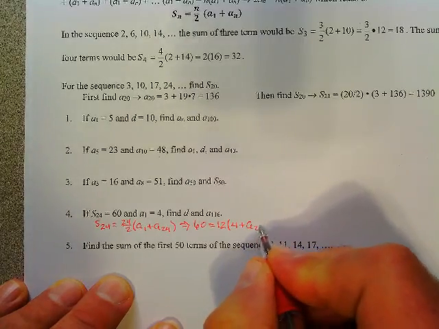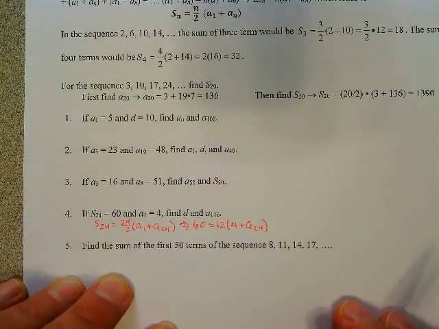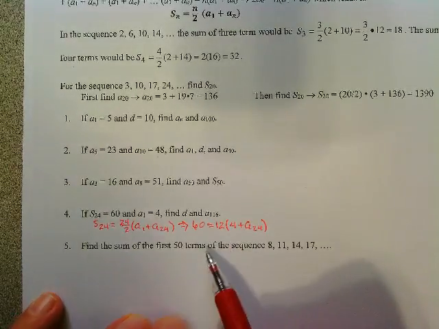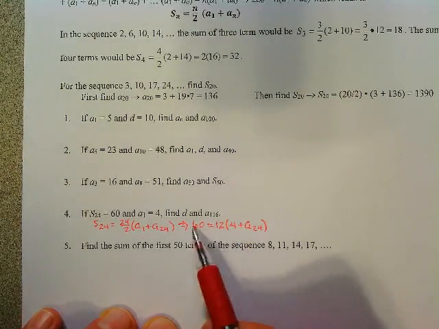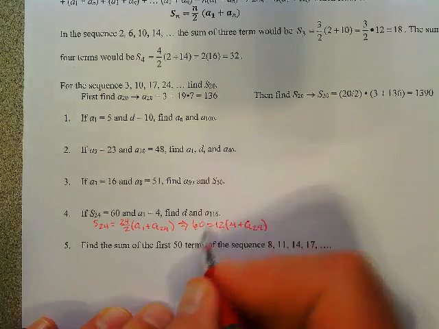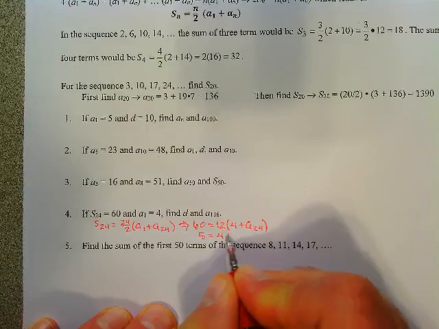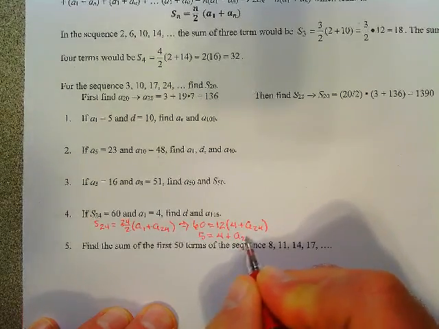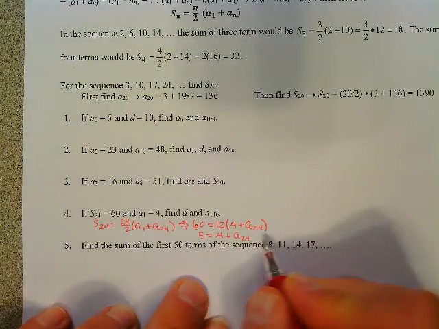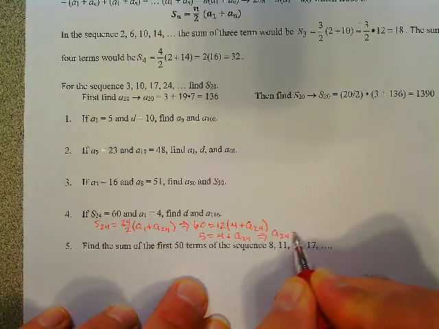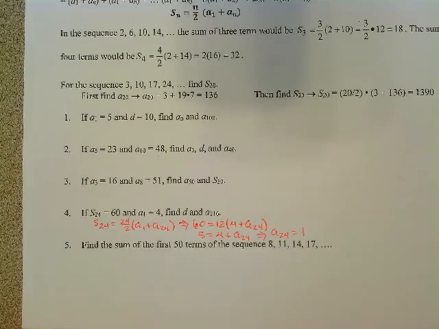I can now find A24. Well, for A24, all I have to do is divide both sides here by 12. And I'm going to have 5 equals 4 plus A sub 24 there. And so that's going to tell me then that the 24th term is 1.